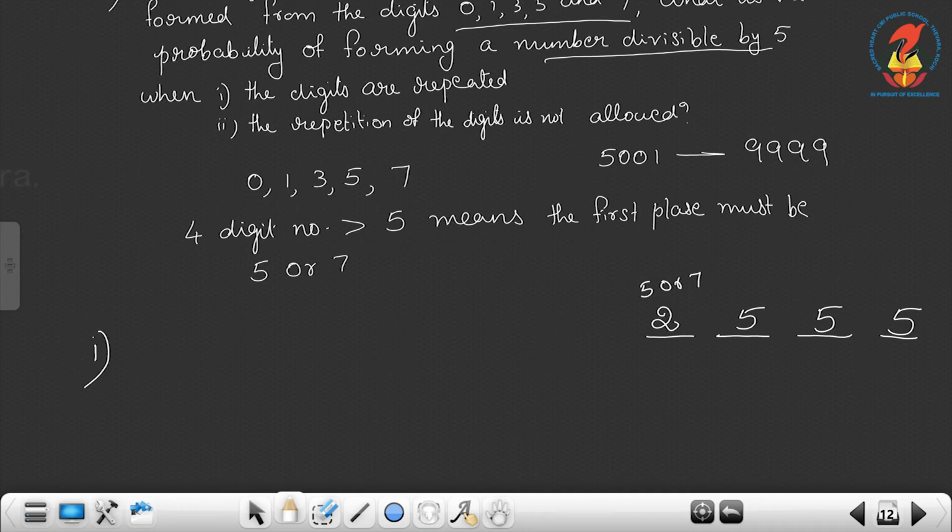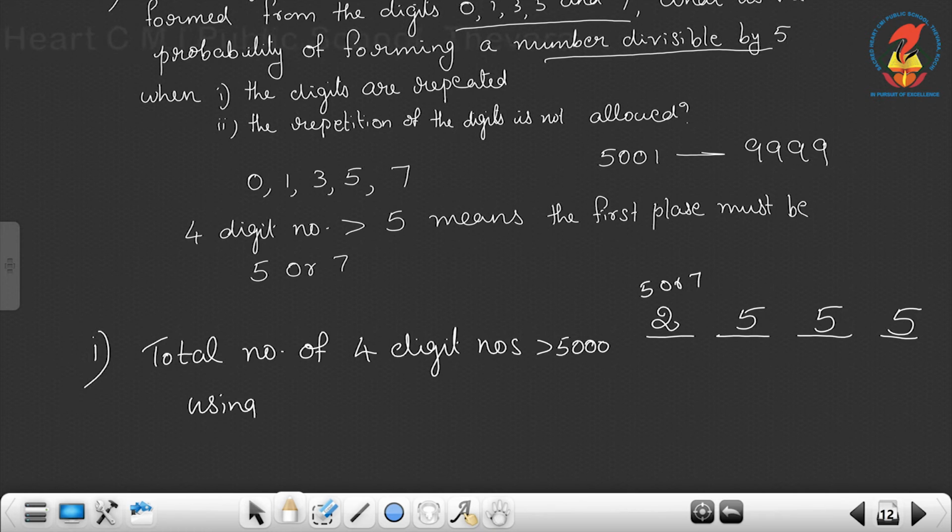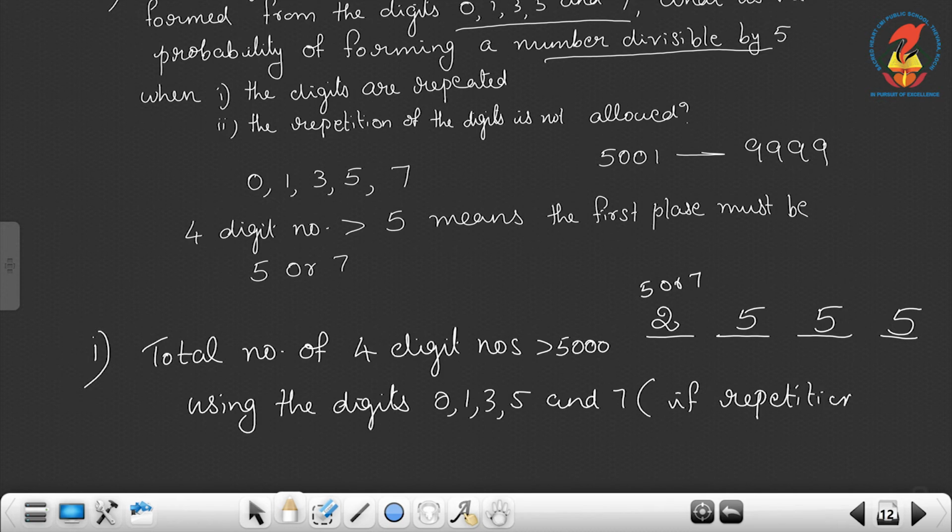So what is the total number of 4-digit numbers greater than 5000 using the digits 0, 1, 3, 5 and 7 if repetition is allowed? It is equal to 2 into, first place 2 ways, next 5, next 5, next 5.